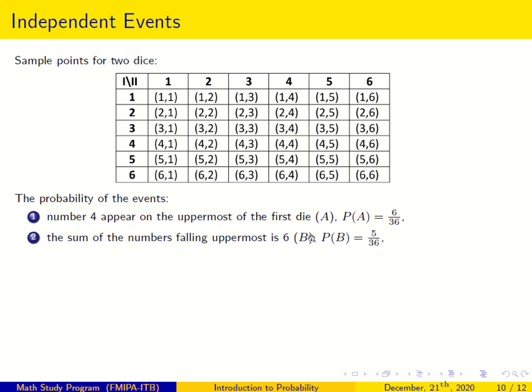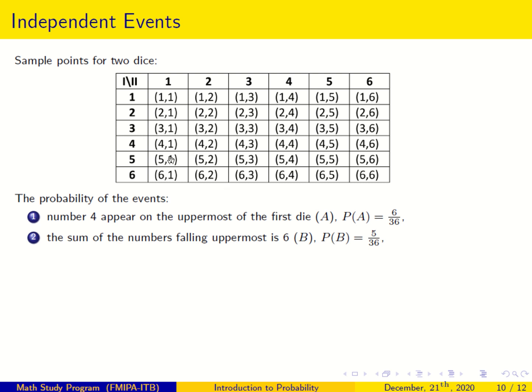And B is that the sum of the numbers falling uppermost is 6. The sum is 6: 2 plus 4 is 6, 3 plus 3 is 6, 4 plus 2 is 6. So I have the diagonal. The diagonal has the sum of 6.